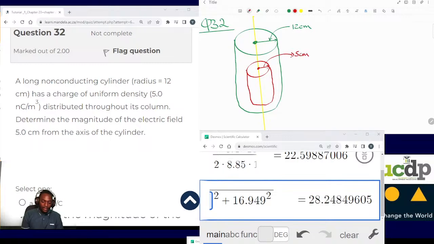It's a positive charge, 5.0 nanocoulomb, uniform charge density equals 5.0 nanocoulomb per cubic meter.